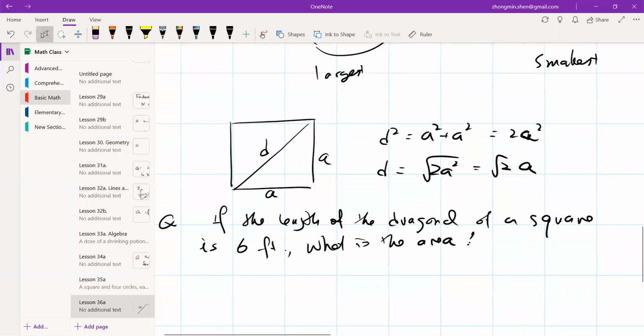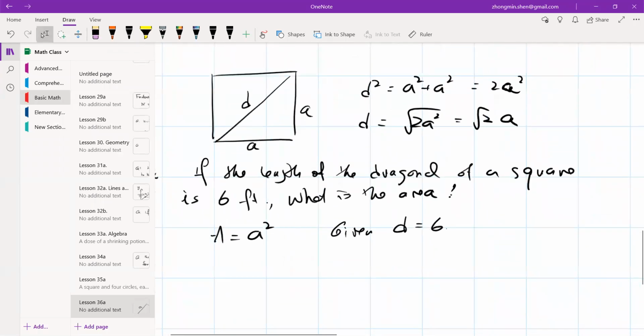Well, you are not given the side length. Area, you know that, is a times a, or a squared. But you're not given a directly. What you are given is the length of the diagonal, d, right? But there is a relationship between a and d, because I know that d squared equals 2a squared.